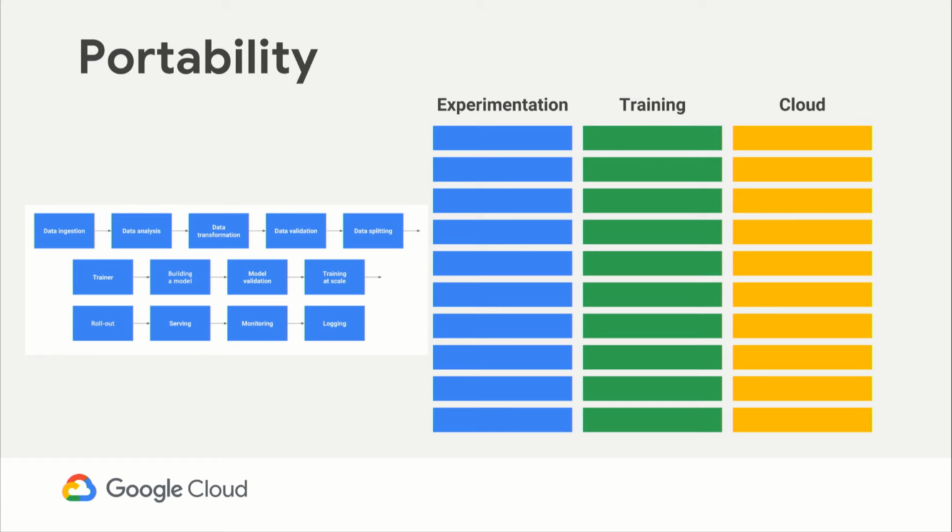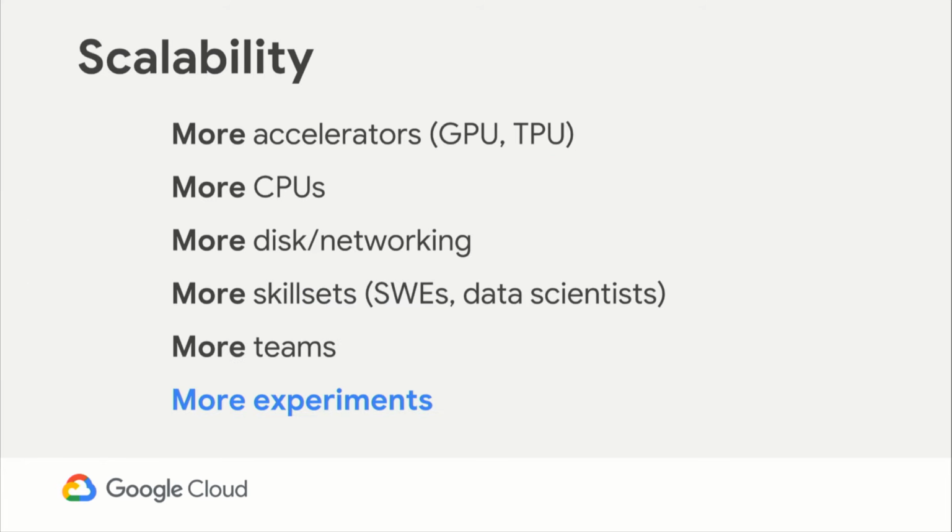They might start on their laptop or on a private rig. They might move to a training cluster, and then finally into the cloud for final production and training at scale. And to have a portable solution that works in all of these places would greatly speed their ability to work, instead of having to have them set up a custom, bespoke solution for each one.